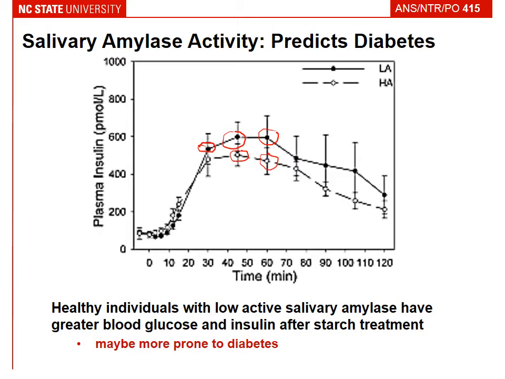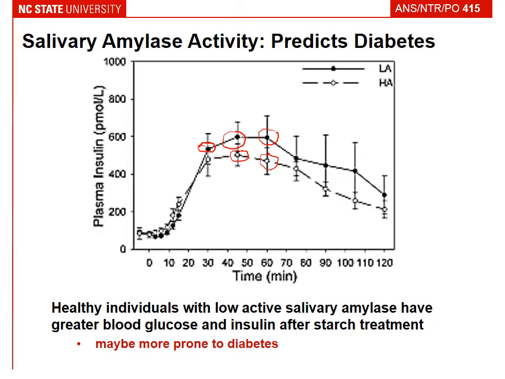Now, interesting, I found this study which showed that the amount of salivary amylase activity a person has ends up predicting diabetes. So in this study, they took people and they swabbed their mouth, collected their salivary amylase, and classified them either as low activity or high activity.